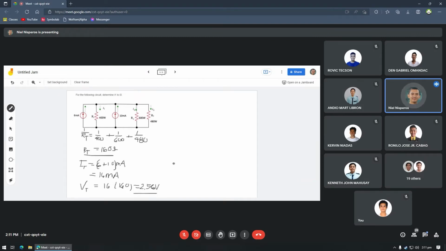So we have our total voltage now. Since this is connected in parallel, the voltage is the same across all the resistors.